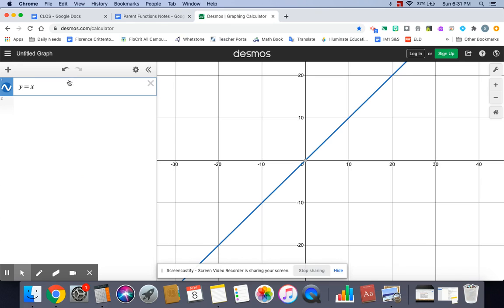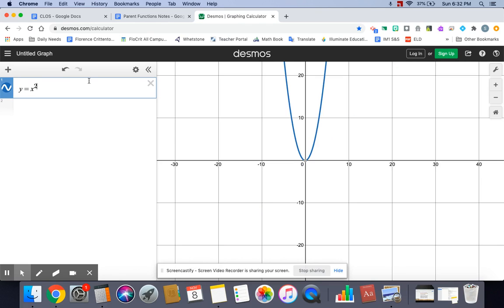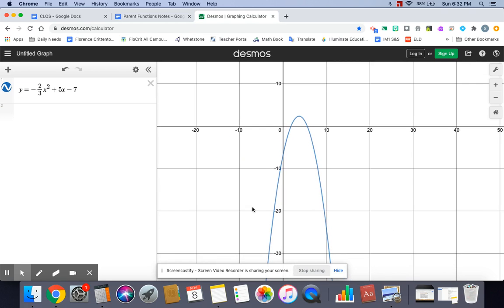And if I show you in Desmos, when I change it to x squared, it makes the U shape. Even if I add other x's or subtract numbers, it doesn't matter. Even if I put negative fractions in front, it still makes the parabola shape. So as long as the biggest exponent is 2, it's in the quadratic family, and it makes this parabola shape.